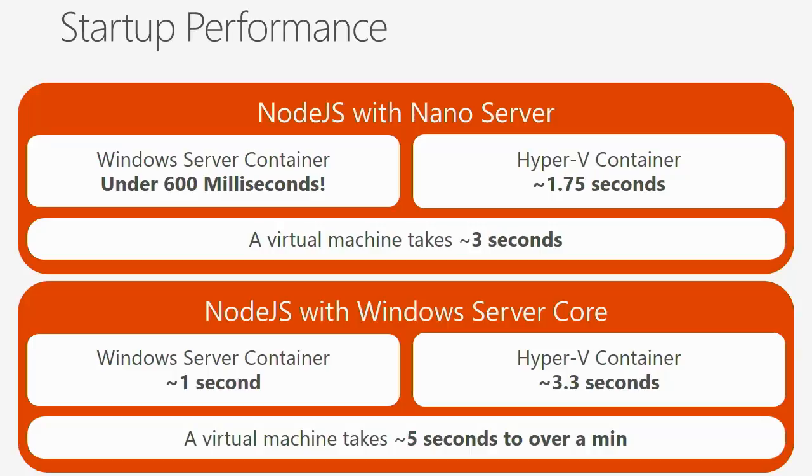The container number is how long it takes to go from nothing to a new container deployed, booted, and Node.js up and running and responding to workload, 600 milliseconds. That is mind-blowing. Similar, obviously, if you use Hyper-V containers, Windows Server containers, there's a lot of different axes here.